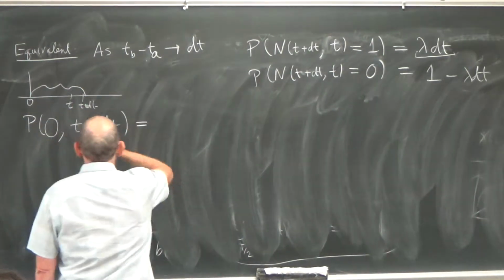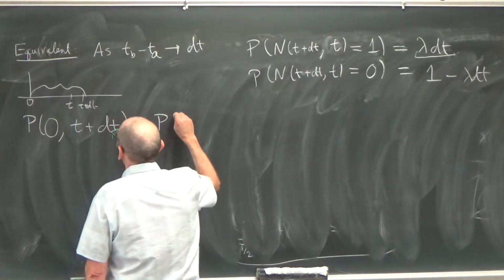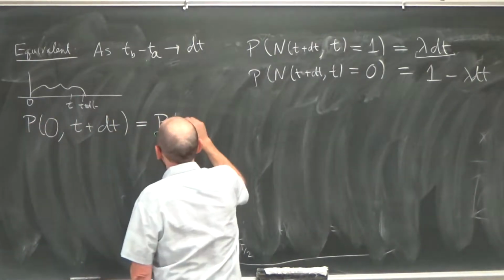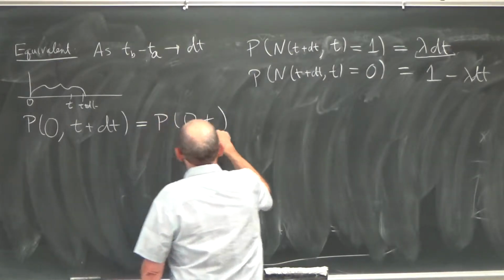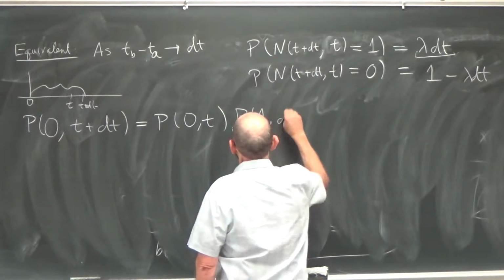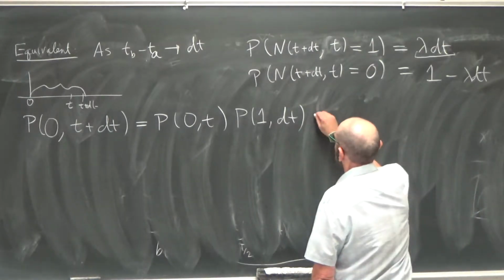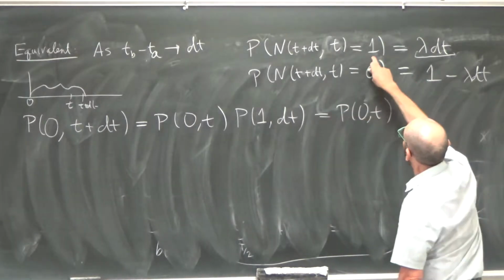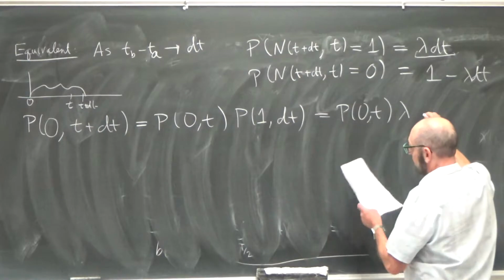Well, since everything is uncorrelated and completely random, there's no statistical correlation. So it's the probability of seeing 0 counts between time 0 and t, and seeing 1 count in the time interval dt. So that's the probability of seeing no counts up to t, and we just said the probability of seeing 1 count in that time interval is lambda dt.